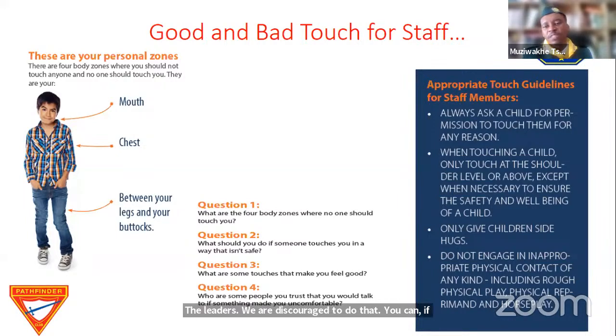And the other one that's very important is do not engage in inappropriate physical contact of any kind, including rough physical play, physical reprimand, and horseplay. When I talk about horseplay, leaders, please, let's be careful.